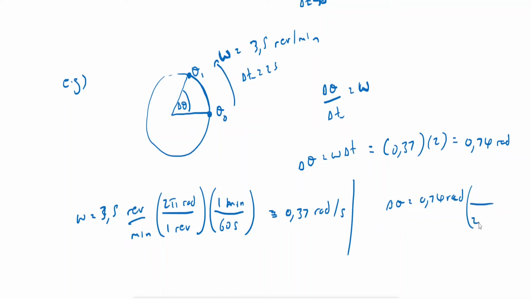You know that 2 pi radians is 1 revolution, so you get how many revolutions correspond to that. 0.74 divided by 2 pi gives 0.12 revolutions. So you could find a number of things, but I think this is just enough.